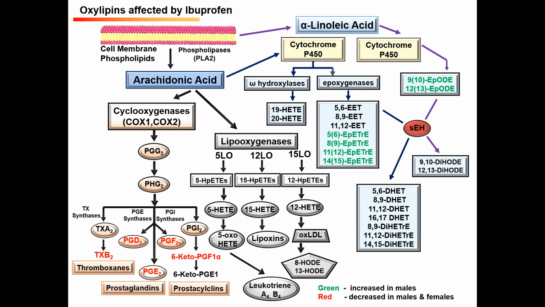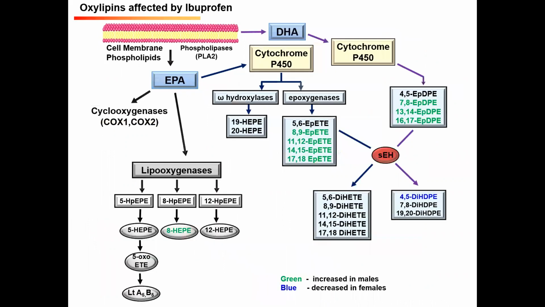This is a summary of this, and everything you see in green increased only in males. And you can see many of these are raw materials for the soluble epoxide hydroxylase I was just speaking about. So what is this telling us?